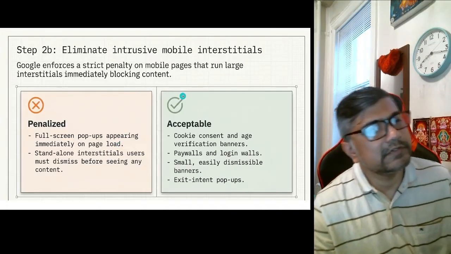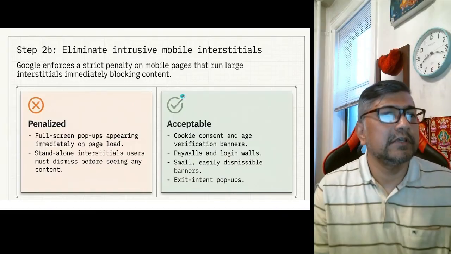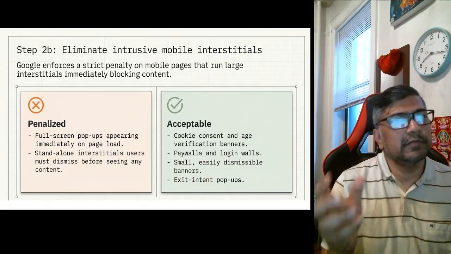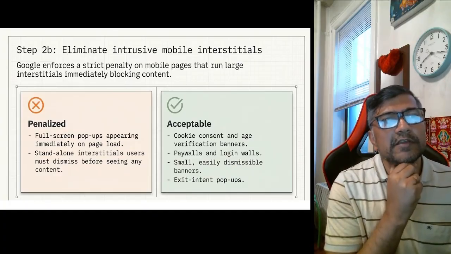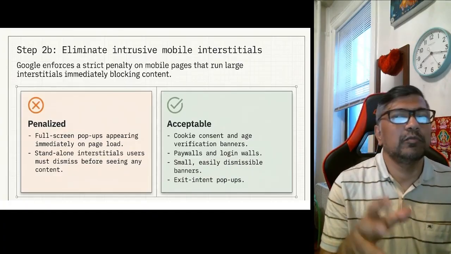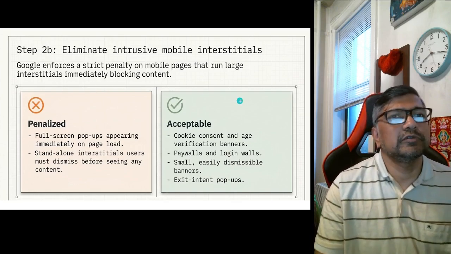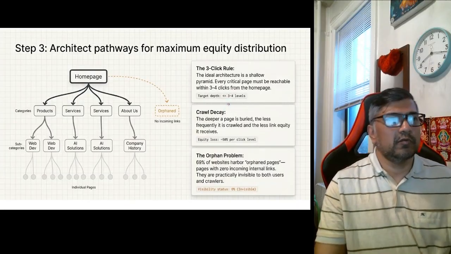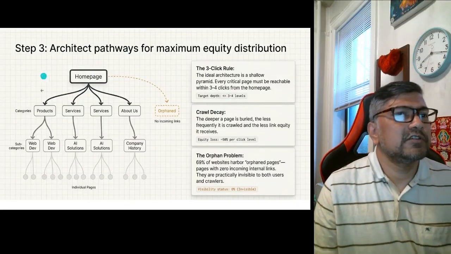These are some industry best practices, because Google enforces strict penalties on mobile pages that run large blocking of the content. So make sure these are not done on your website. So look at the structure of your website.